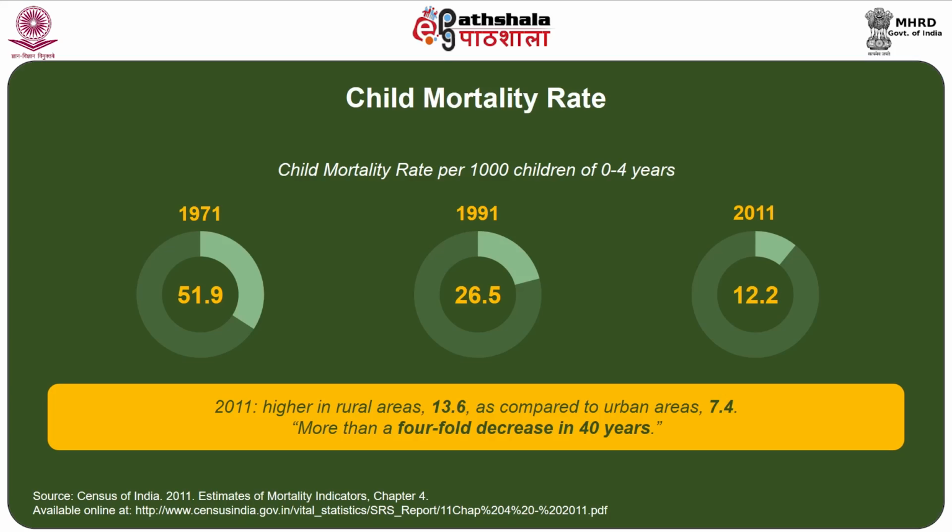What it clearly indicates is that to a great extent the assurance for child survival exists in the country. However, we have to be very clear that the level is still very high, especially in rural areas compared to urban areas, indicating clearly that access to health and the attention paid to the child is still on a priority in urban areas, whereas in rural areas there is a lot of scope for improvement, and increasing health access and infrastructure should be the priority.